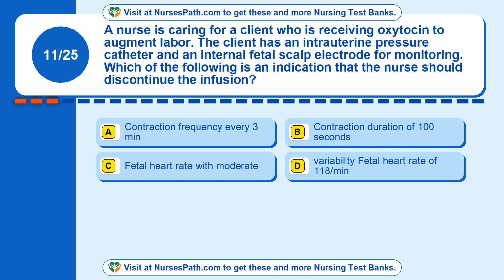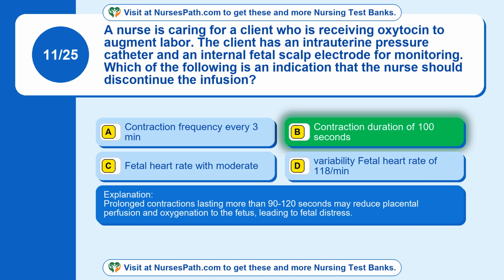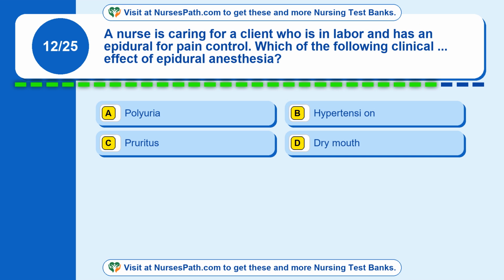Option D, fetal heart rate of 118/min. The correct answer is option B, contraction duration of 100 seconds. Prolonged contractions lasting more than 90 to 120 seconds may reduce placental perfusion and oxygenation to the fetus, leading to fetal distress.